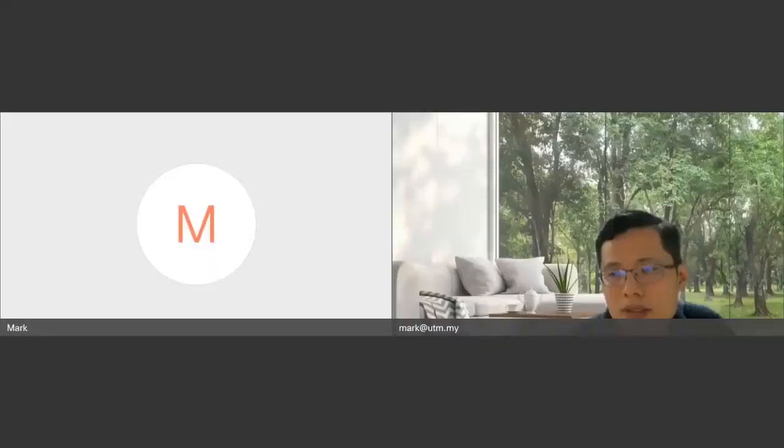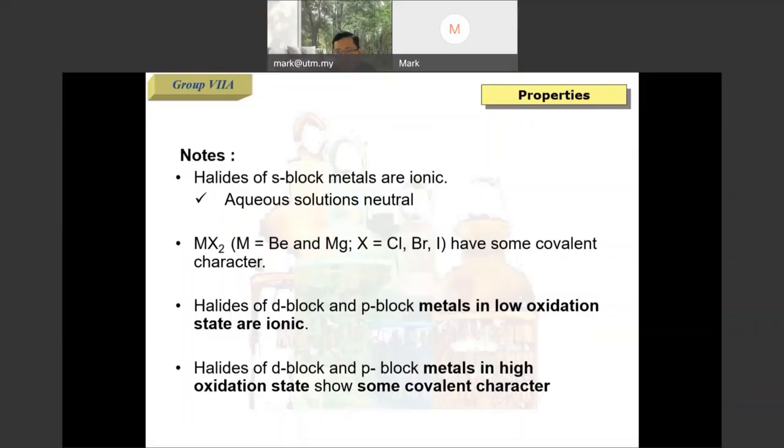Some notes: the halides of the s-block metals are ionic. For instance, sodium chloride, when it dissolves in aqueous solution, is neutral. Group 2 halides, for instance beryllium and magnesium, have some covalent character.